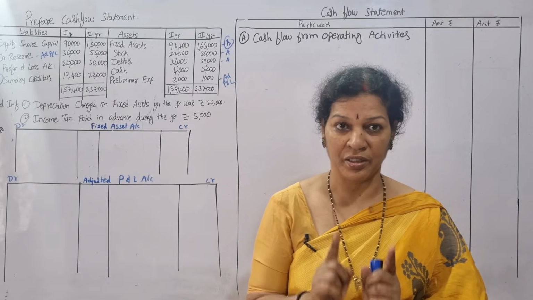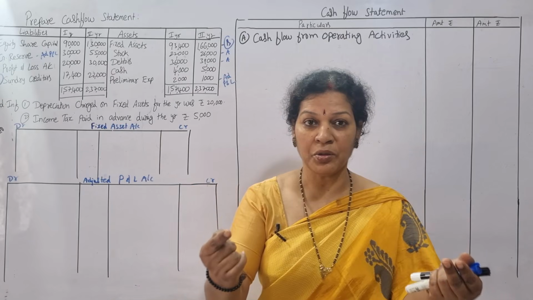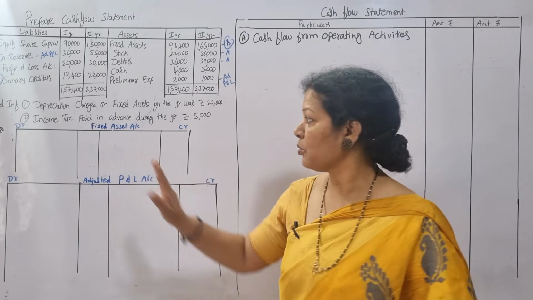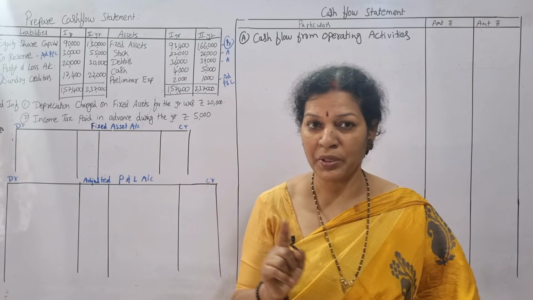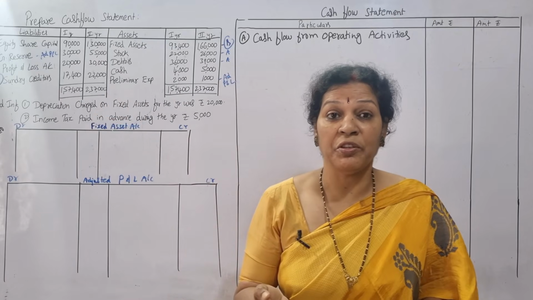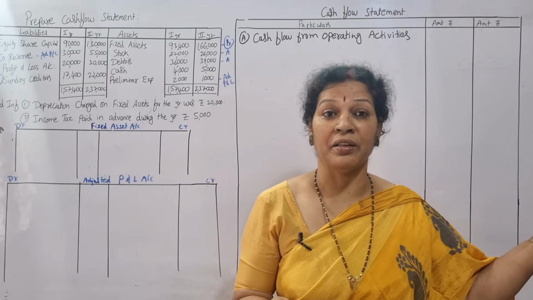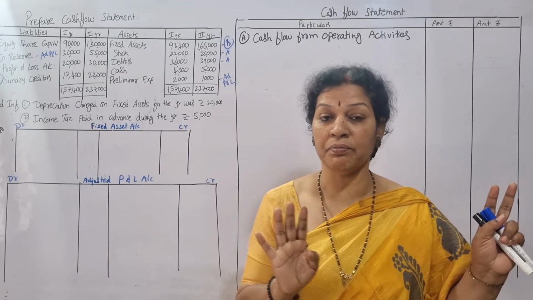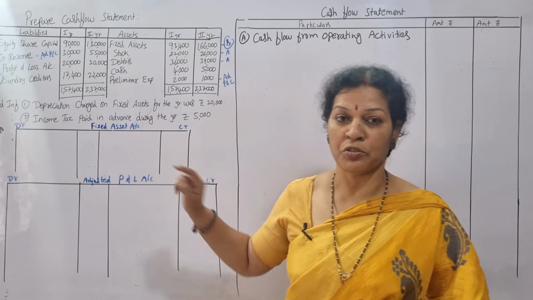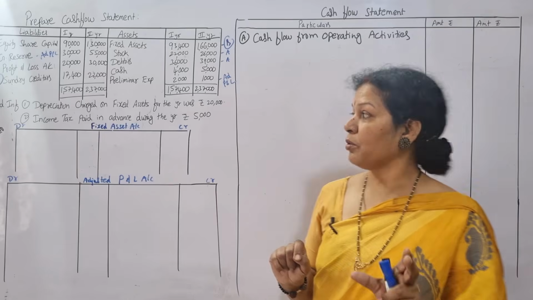That is why I have already drawn the columns of the fixed assets account. Because depreciation is given, we open it. If depreciation was not given, we could have taken it directly under cash flow from investment activities. But now depreciation is there, so we are going to open the fixed asset account.